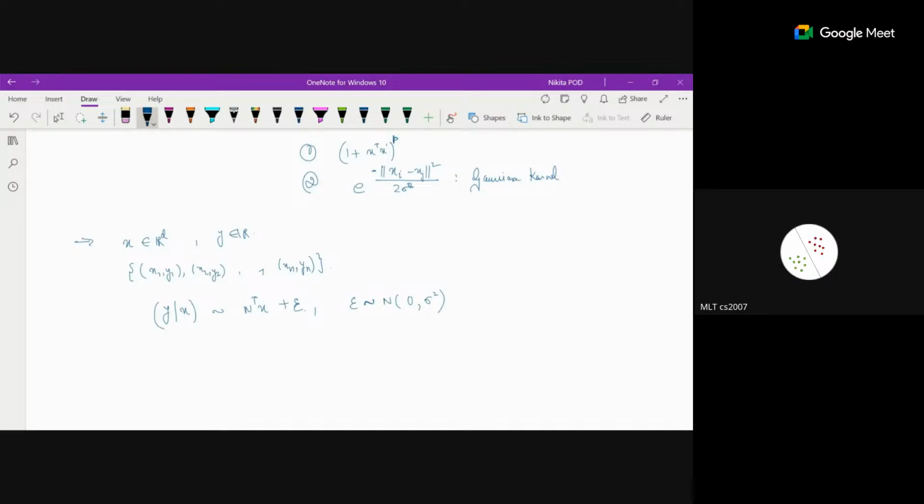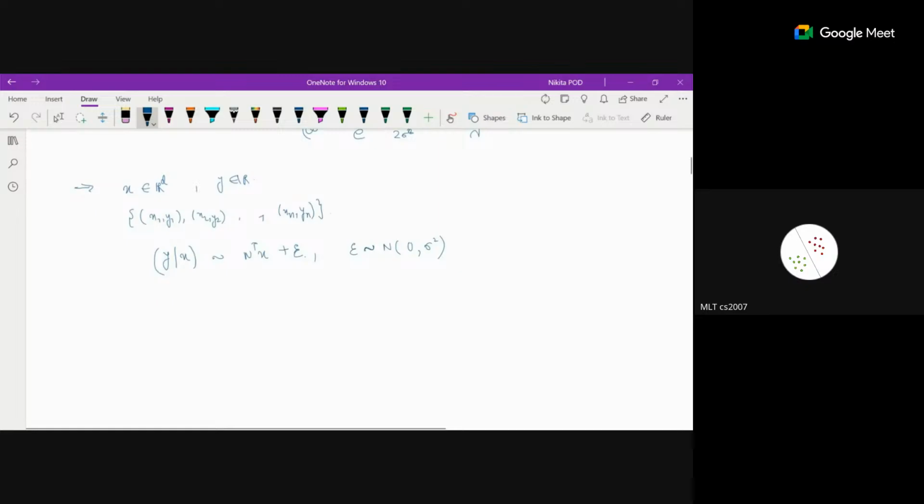Our goal, when we see this linear regression as an estimation problem, is to estimate w. So if my epsilon was normally distributed with mean 0 and variance sigma square, I can say that my y is also normally distributed with mean w transpose x and variance sigma square, right?